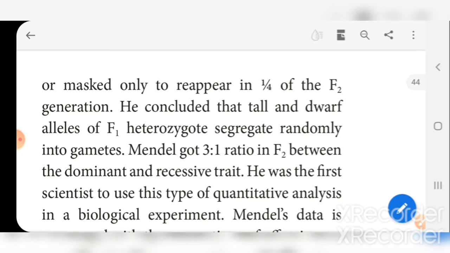Then the monohybrid cross, inheritance of only one character, here the plant height, tall and dwarf. The genotypic ratio is 1:2:1 and the phenotypic ratio is 3:1. And finally, Mendel's analytical and empirical approach.